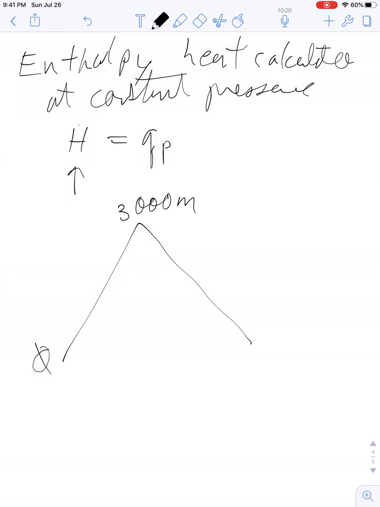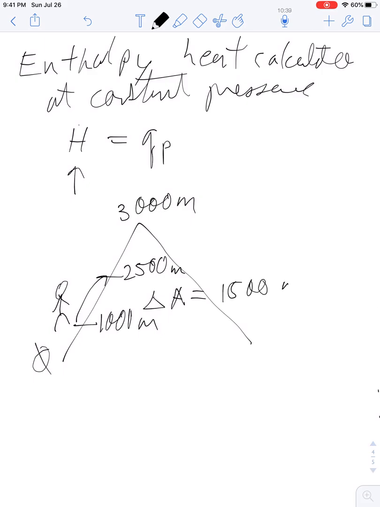And I'm right here at 1,000 meters, and I'm going to climb up to 2,500 meters. So what is my change in altitude? Well, if I'm here and I go to there, my change in altitude is 1,500 meters.